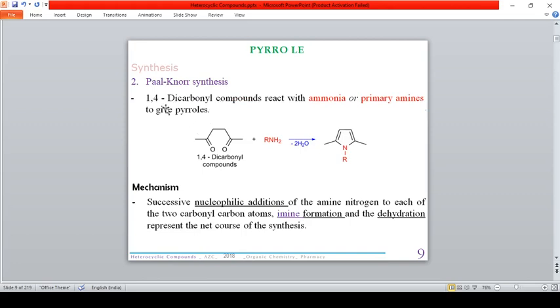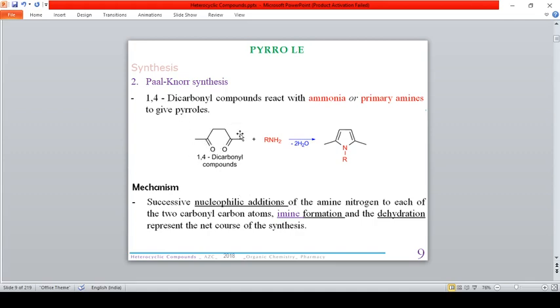Now here also 1,4-dicarbonyl compounds. 1,4-dicarbonyl compounds are those carbonyl compounds in which they have two carbonyl group at a distance of 2 methylene groups, or in other words I can say they will have 2 methylene groups present in between the two carbonyl groups.